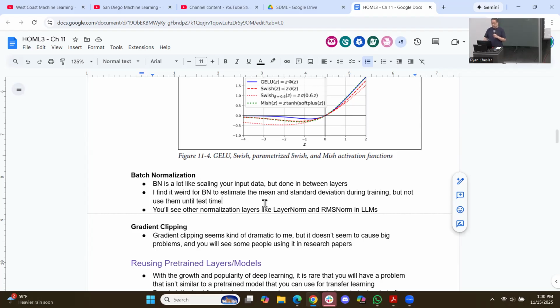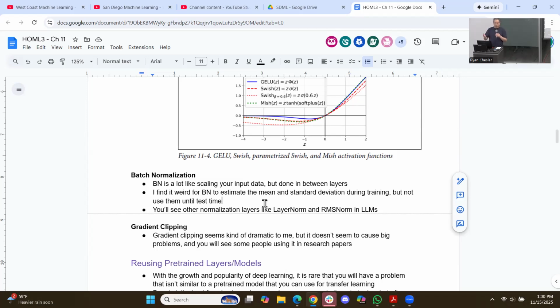Ryan mentioned the standard recipe. If you download different models that people are using, you're going to see a lot of these normalization layers in there. And if you follow that recipe, you don't have to really know exactly what batch norm is doing.